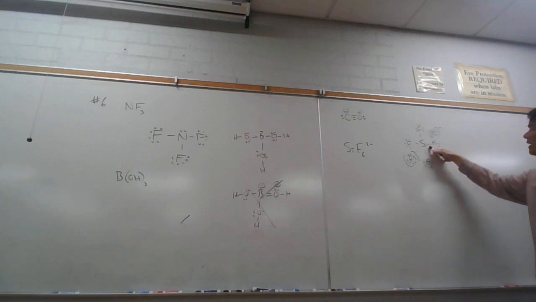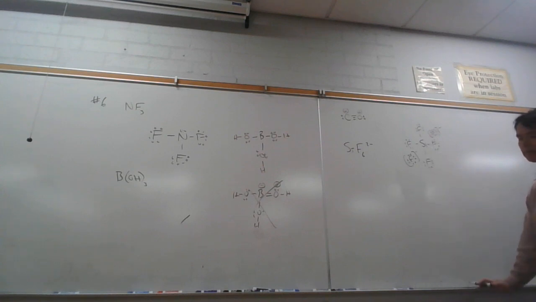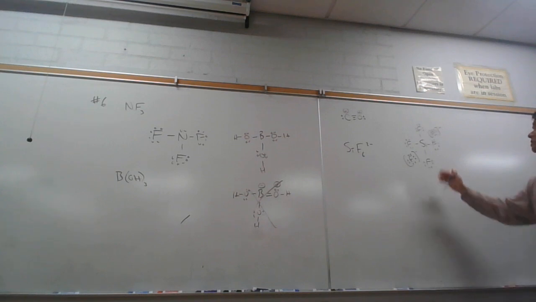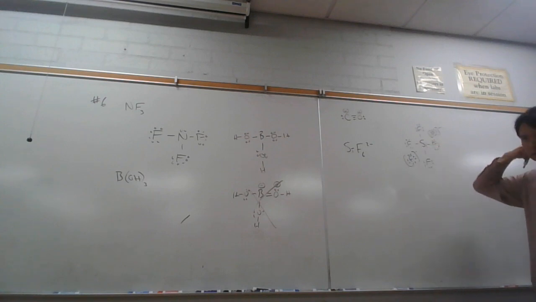In this case, even though the formal charge is 0, the oxidation state is what? +4 would be the oxidation state. If winner takes all, then silicon's left with no valence electrons.